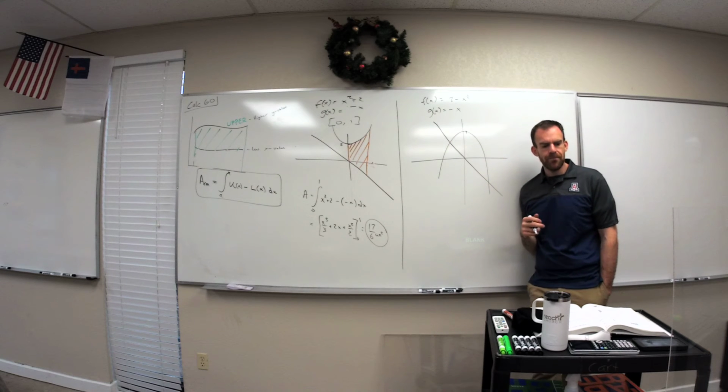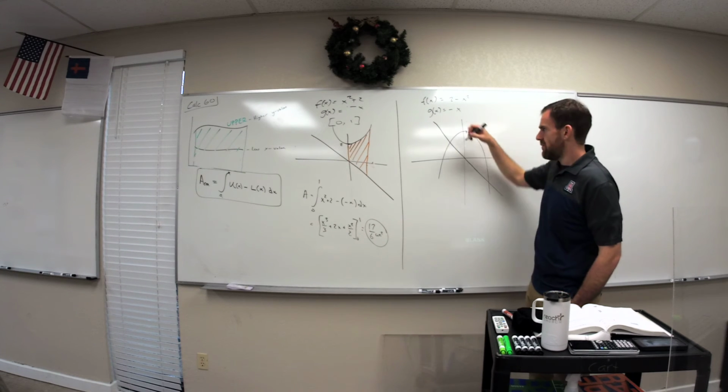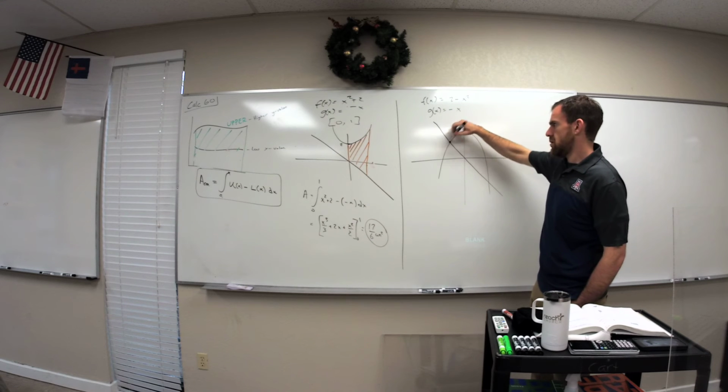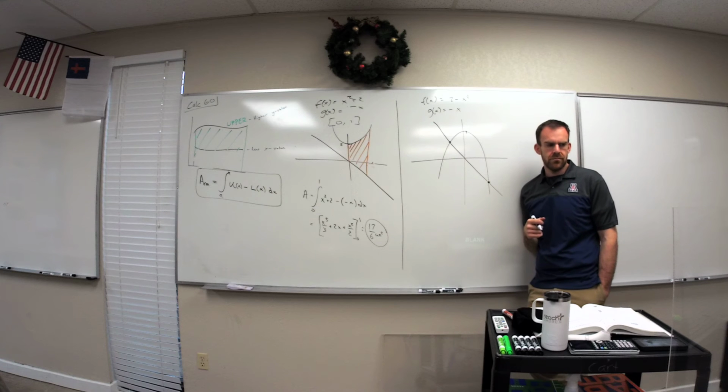Now what's the problem? Well, the problem is that you don't have bounds. So you have to find your bounds. How do I find these points? It's like algebra 2, solved by graphing.